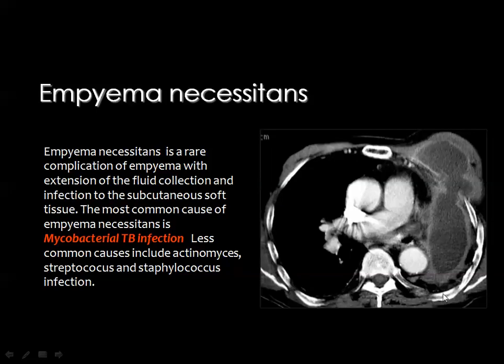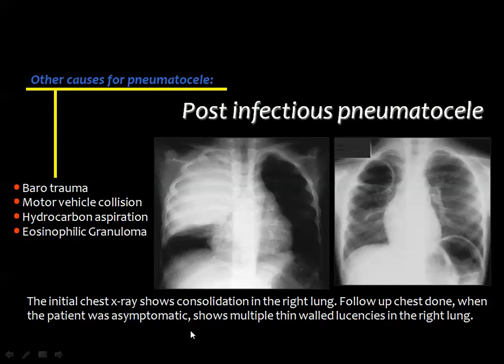And if the empyema has penetrated through the chest wall and extended into the subcutaneous tissues and may rupture also on the skin surface, this is known as empyema necessitans, and this is commonly seen in TB and also commonly seen in adults rather than in pediatric patients.